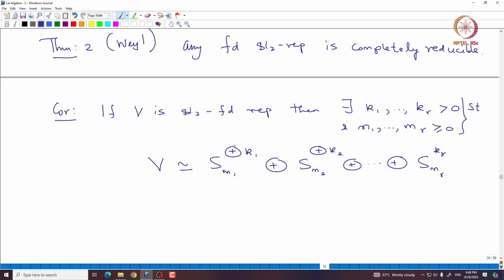Okay. So, these are all the finite dimensional representations that you can get for sl2.